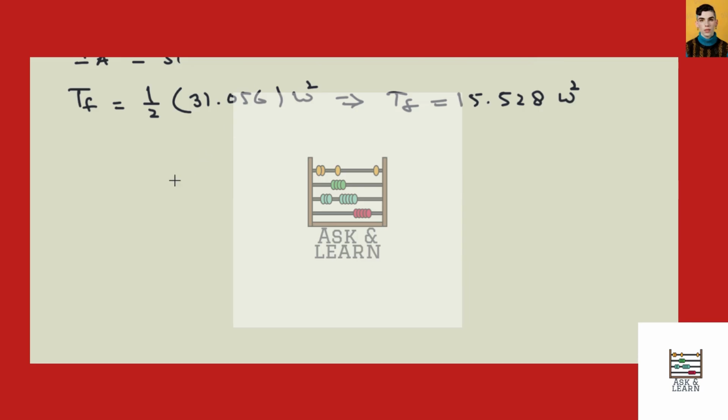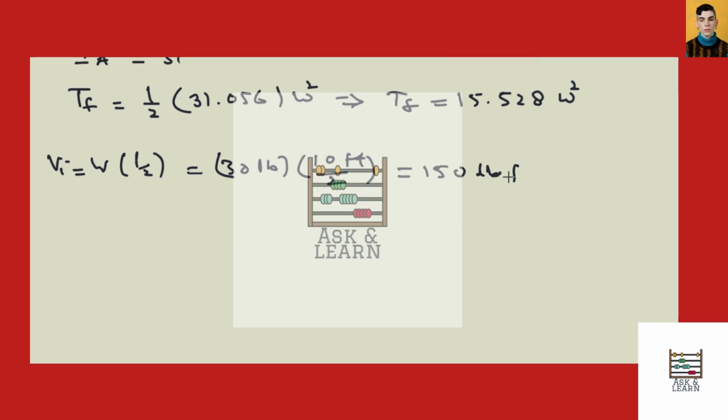Let's calculate the initial potential energy, that is Vi, which is written as W into L by 2. So we can write it as 30 lb into 10 feet divided by 2. So this will give us the value for this Vi as 150 lb feet.